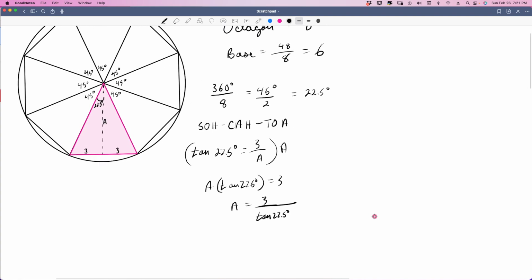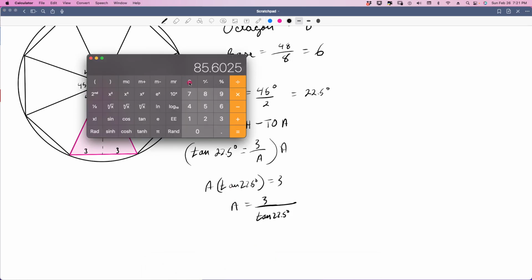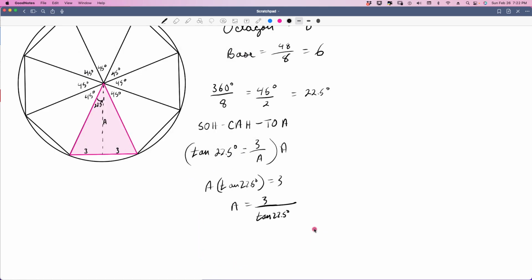I'm going to scooch this over a little bit. Let's pull up the calculator. So 3 divided by 22.5 tan equals 7.24. So A is equal to 7.24. So now we have the height and we have half of the base. So we can just say 8 times, because that's a triangle, of 3, which we've already gotten half.